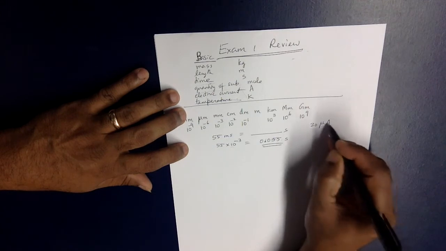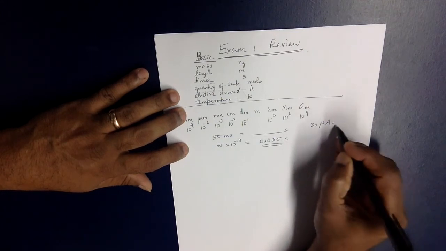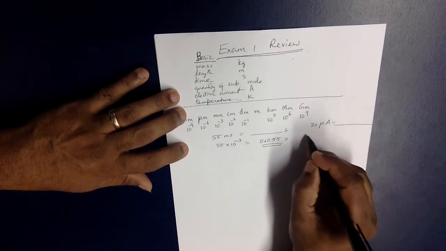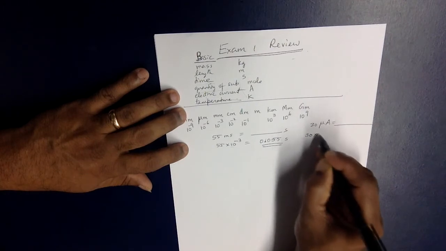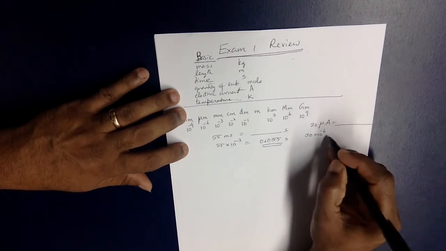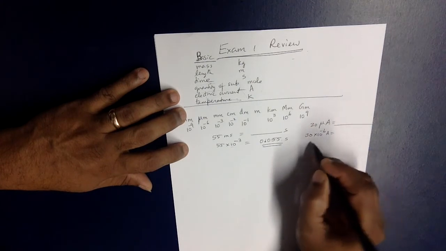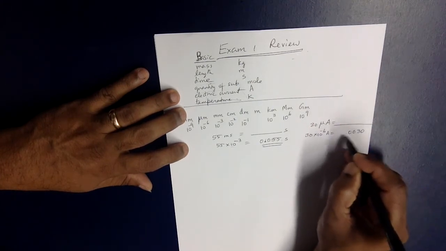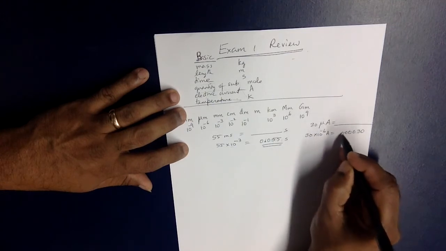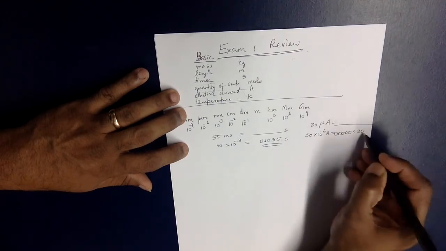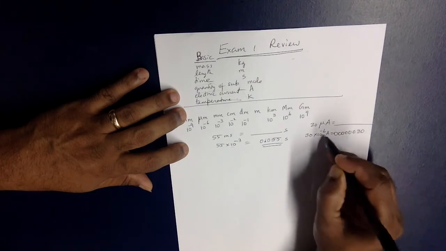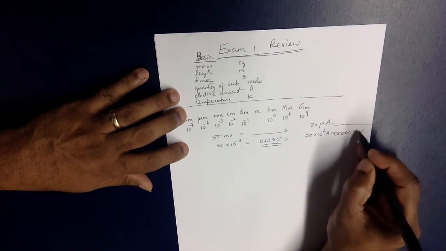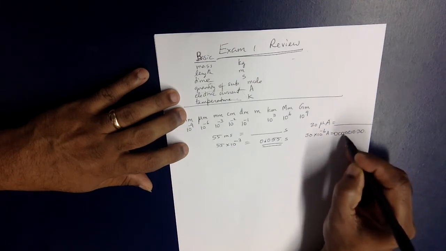Another example will be, let's say 30 microampere is how many amperes? So what do you do? This is 30 times 10 to the power of -6 ampere. So you write 30 first, put a bunch of zeros because you're going backward, and then start from here, go back 6 times. 1, 2, 3, 4, 5, 6.